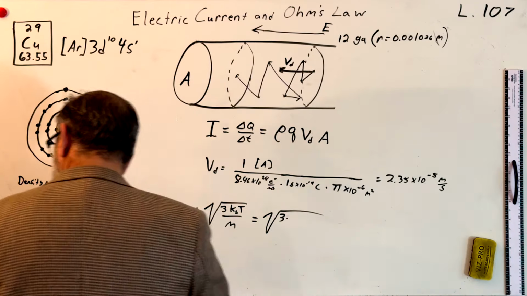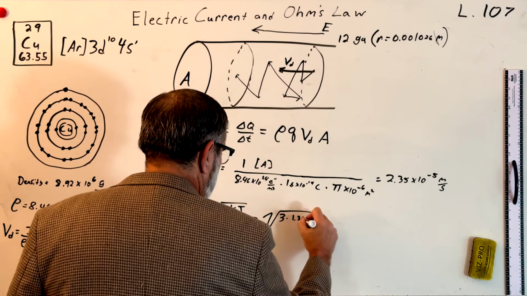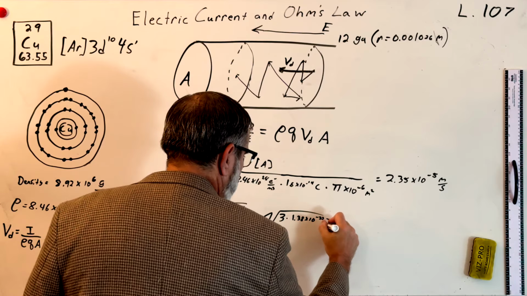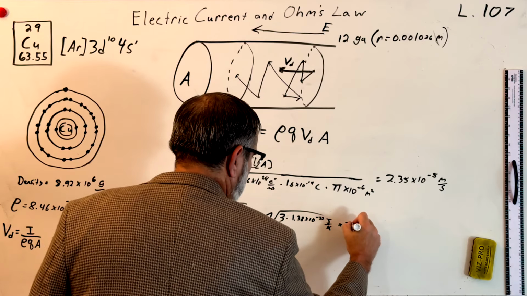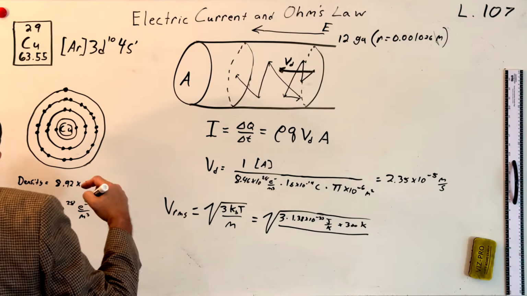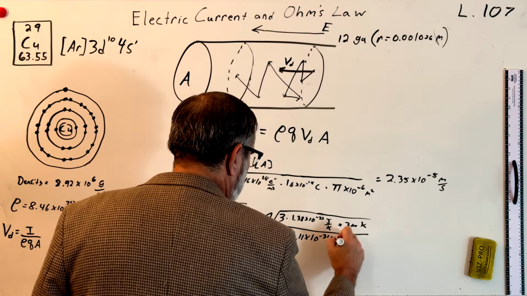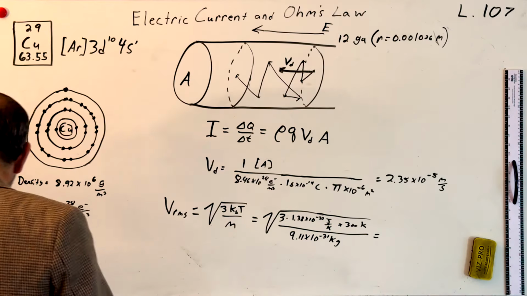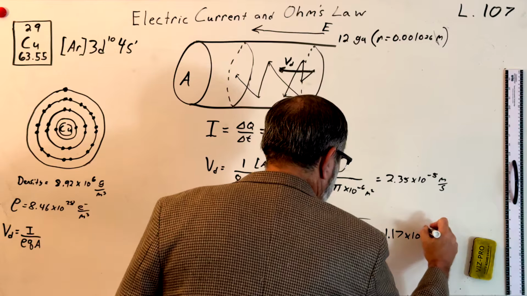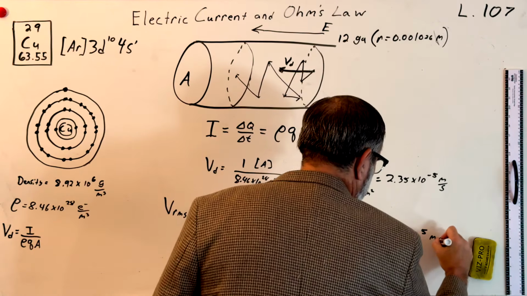We have 3 times 1.38 times 10 to the minus 23 joules per Kelvin times 300 Kelvin divided by the mass of the electron, 9.11 times 10 to the minus 31 kilograms. And if we run that through the calculator and take the square root, we'll get 1.17 times 10 to the 5 meters per second.